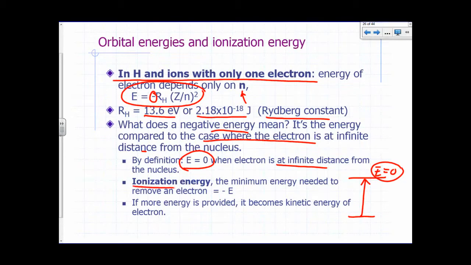So the ionization energy will just be the negative of the energy of the electron in that particular orbital. Now, what if you provide more than that? Well, whatever extra energy you provide, let's say from a photon, becomes kinetic energy of the electron. So this is similar to the photoelectric effect phenomenon we talked about earlier. You can think of the ionization energy as the binding energy of the electron to the atom.